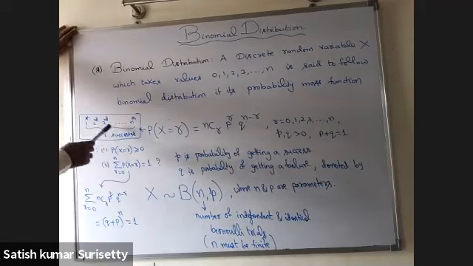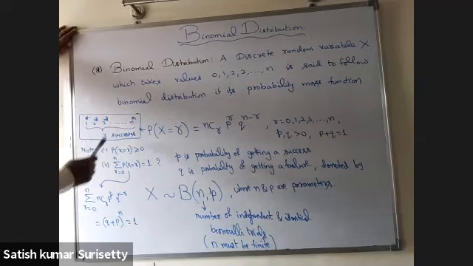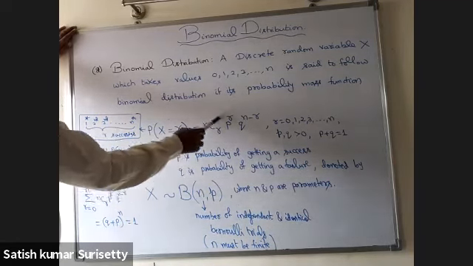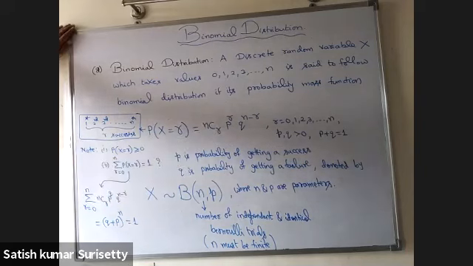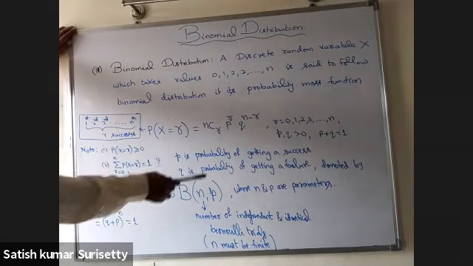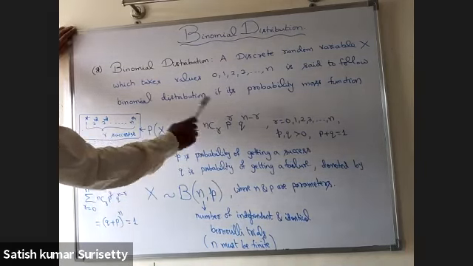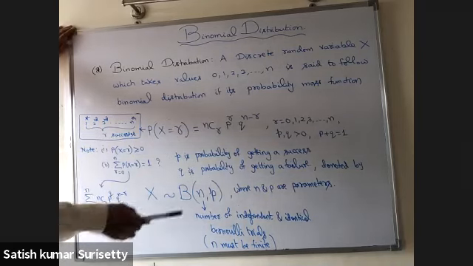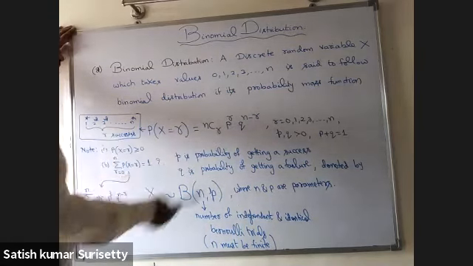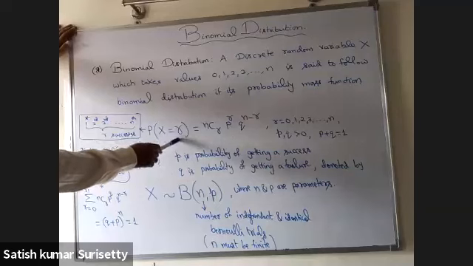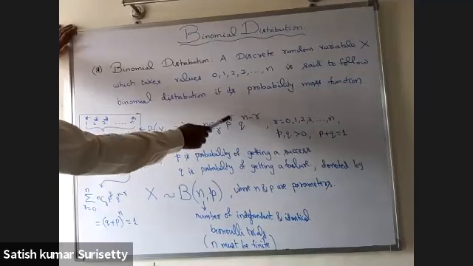Out of n trials, you should get r successes, and the r successes can be anywhere among the n positions. So getting r successes corresponds to nCr, each success has probability p, that's why it is p to the power of r, and each failure has probability q, that's why it is q to the power of n minus r. That's why P(X = r) is nCr p^r q^(n-r).